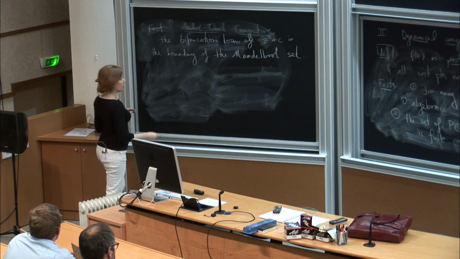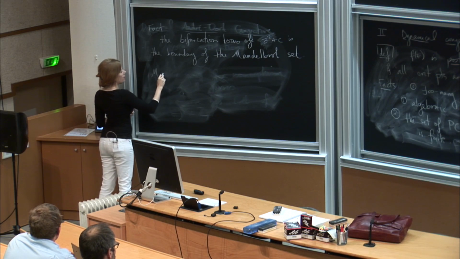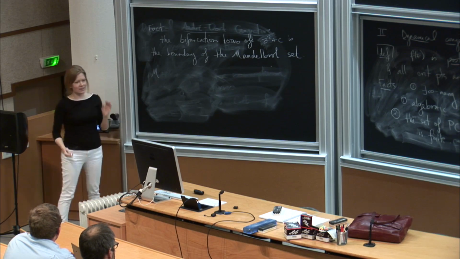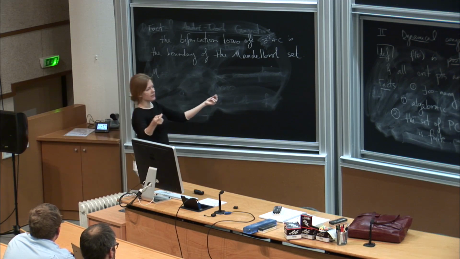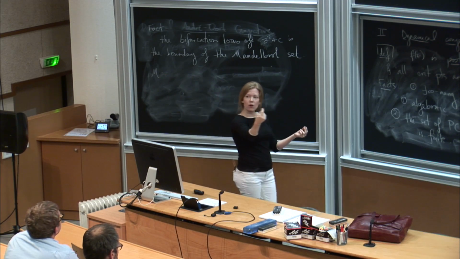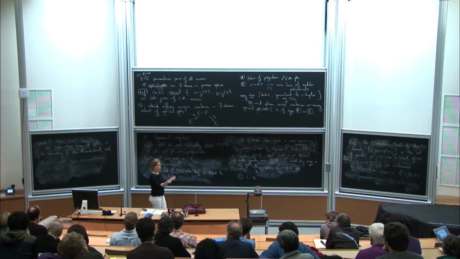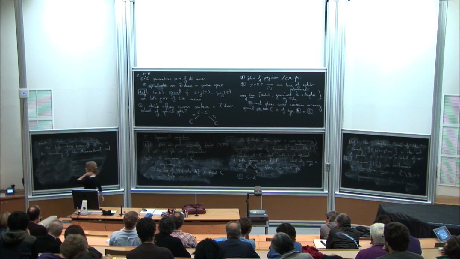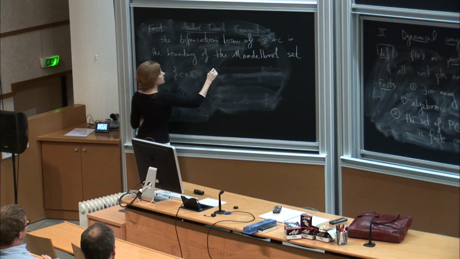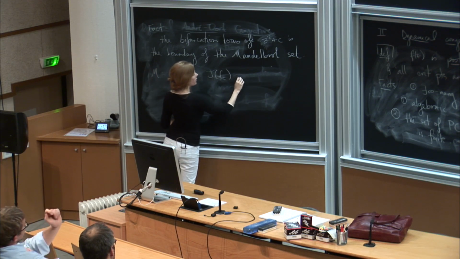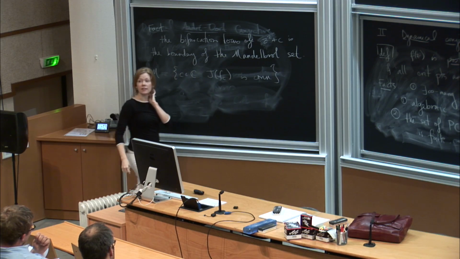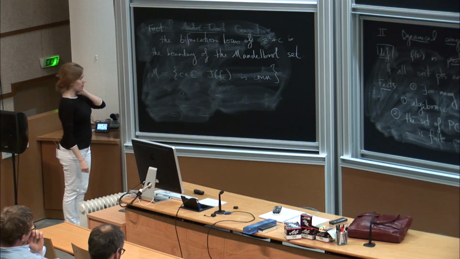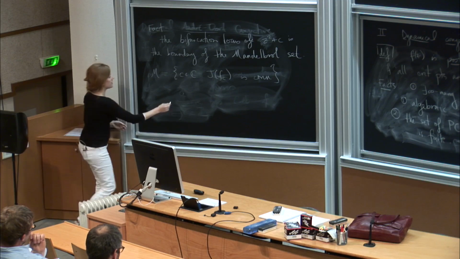Okay, so what is the Mandelbrot set? If you recall, I said that there was a dichotomy in the connectedness of the Julia set that depended on whether the critical orbit of a polynomial was bounded or not. The Mandelbrot set is defined exactly this way. It's the collection of parameters such that the critical orbit is bounded, or equivalently, the Julia set is connected.